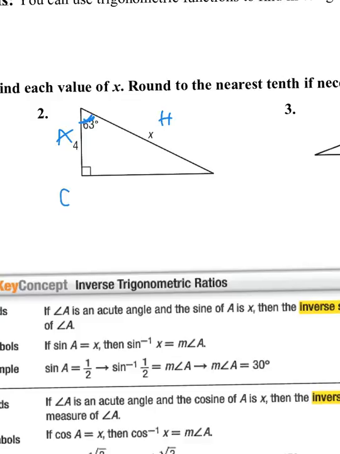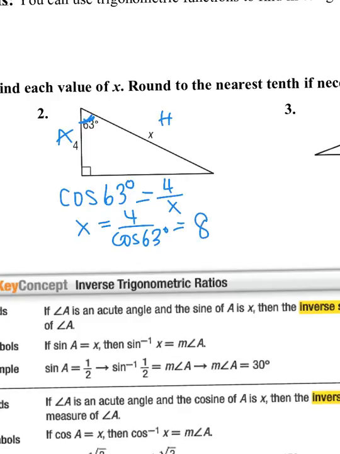So cosine of 63 degrees is equal to 4 over x. I'm going to multiply x on both sides and divide by cosine of 63 degrees. So I get x is equal to 4 over cosine of 63 degrees. And that gets me 8.8.